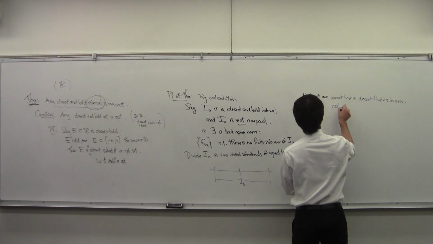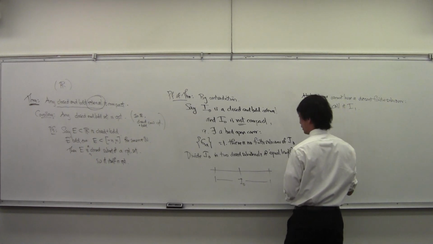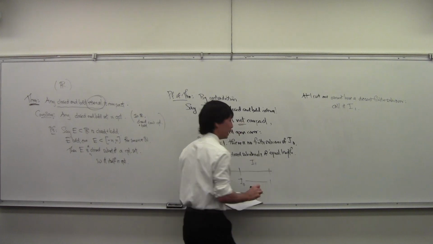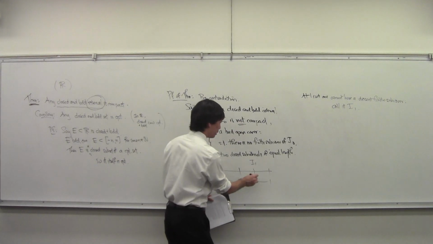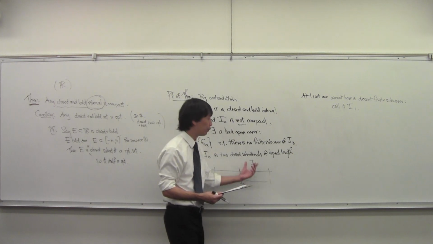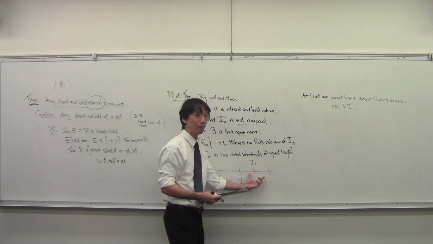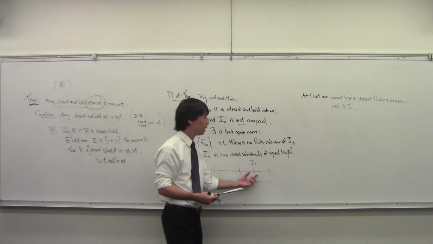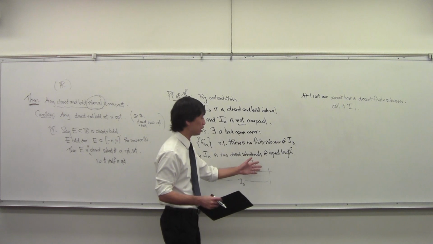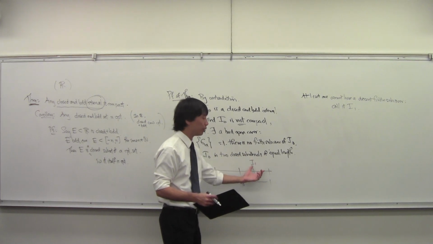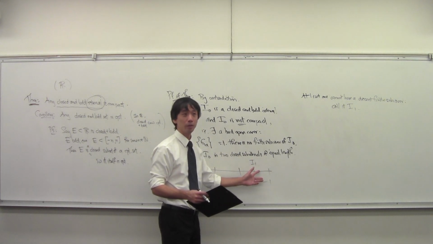Call it I1. Maybe it's the one on the right, call it I1. And then we keep on doing that. Divide I1 into two parts. One of these subintervals must not have a decent finite subcover. And so we get a succession of nested closed intervals, none of which has a decent subcover.